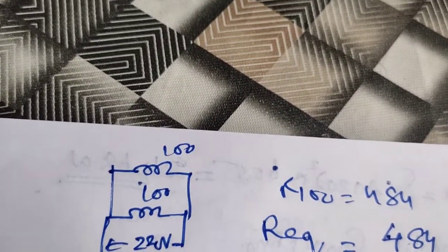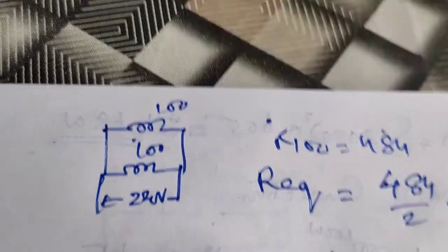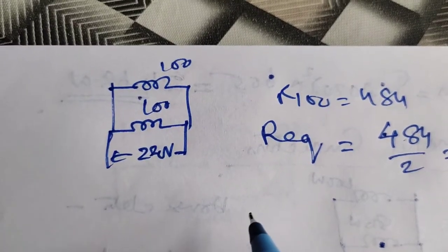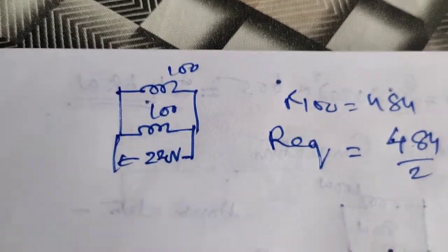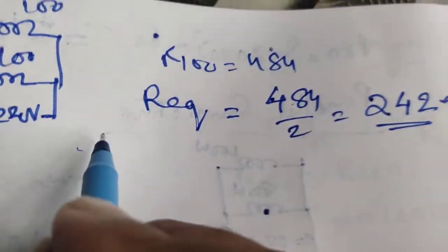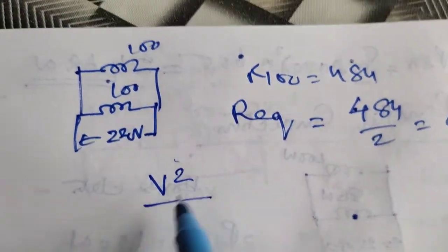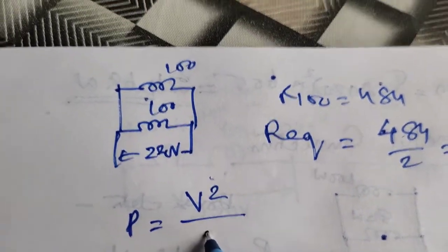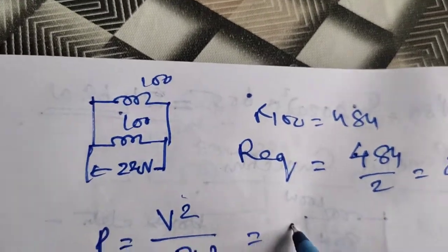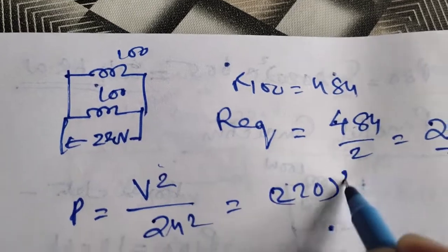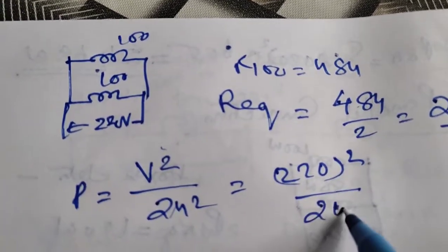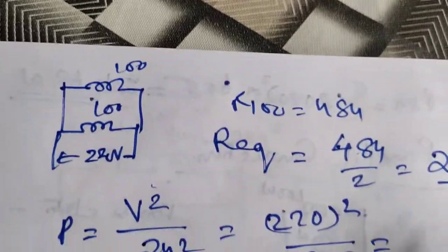So what is the power? The power is V squared by 242, which is 220 squared by 242.